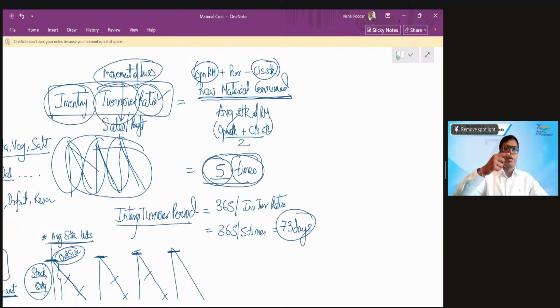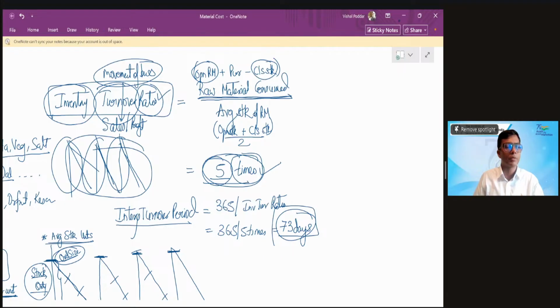Then a third cycle will start, purchase and then consumption. This cycle is moving 5 times in a year, and every cycle is happening at a gap of 73 days. It means one cycle requires 73 days to complete.